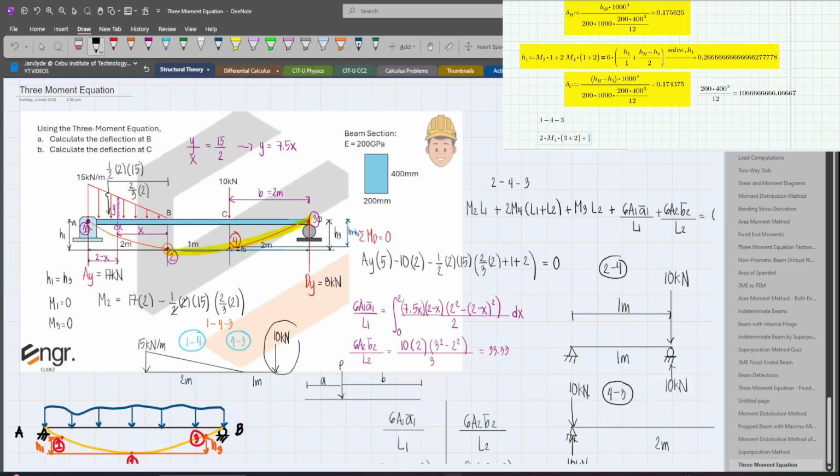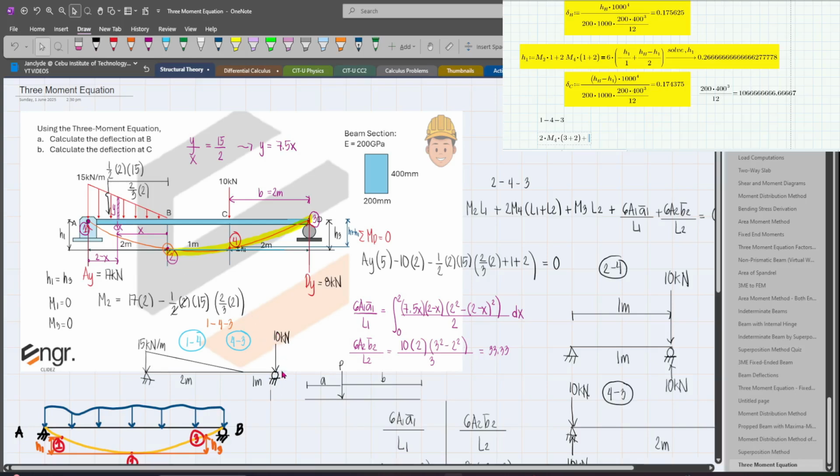Now, itong 10 kilonewtons, if this is to be simply supported, when calculating the 3-moment equation factor, nakasagad yan sa support. So, wala siyang 3-moment equation factor, yung 10 kilonewtons. So, wala nang silbi yan. Ito lang yung i-compute natin.